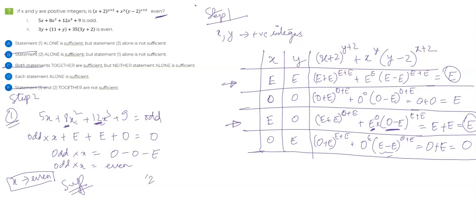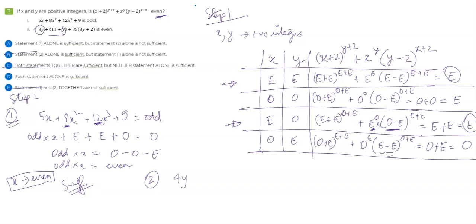Now the second statement is 3y, again I'm writing it directly, 3y means odd times y, plus 11 plus y. So I'll write it like this, I'll say odd plus y, okay? Or in fact what you can do is, you can take 3y and y, and write it as 4y.